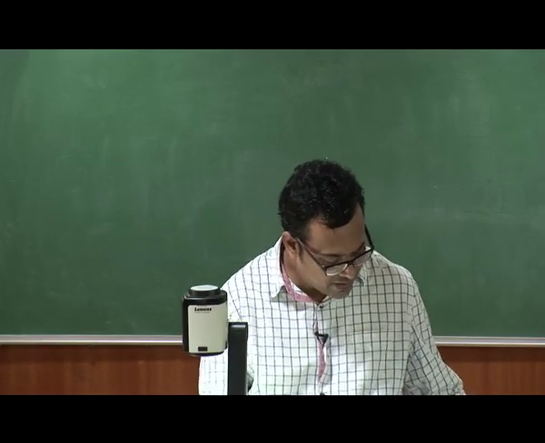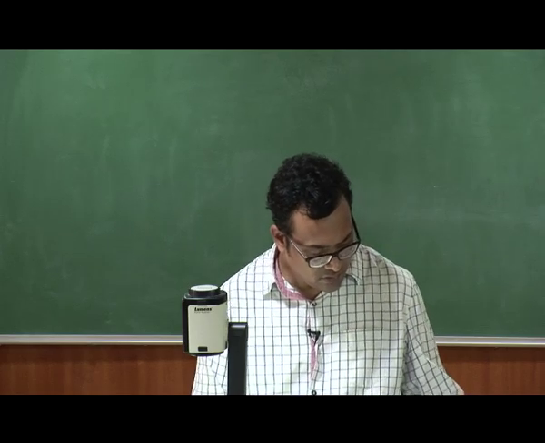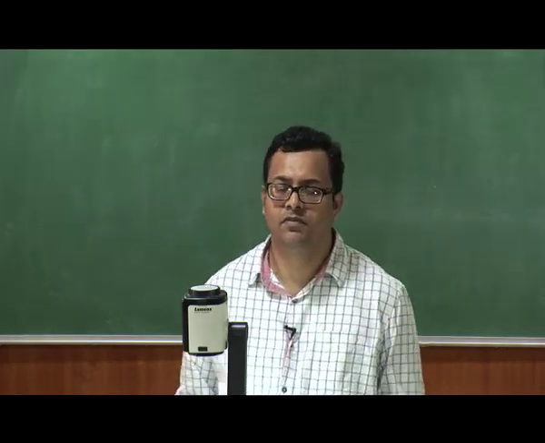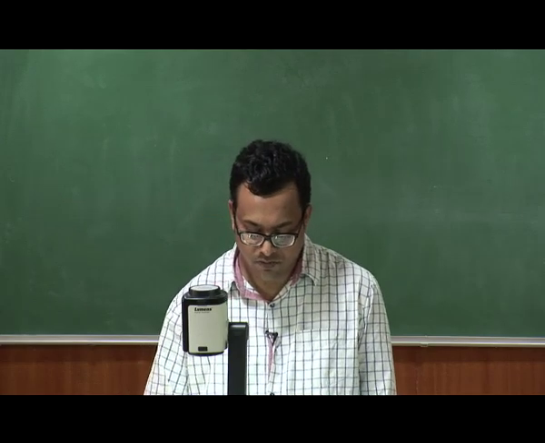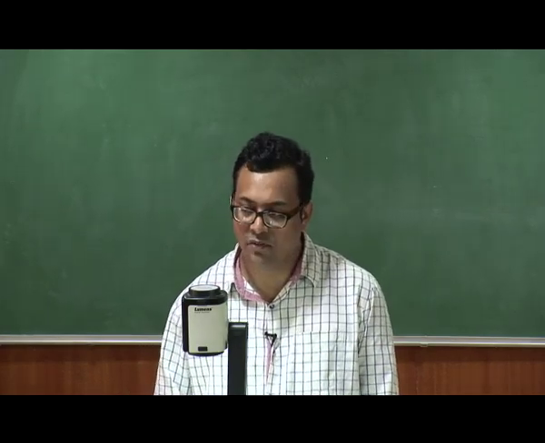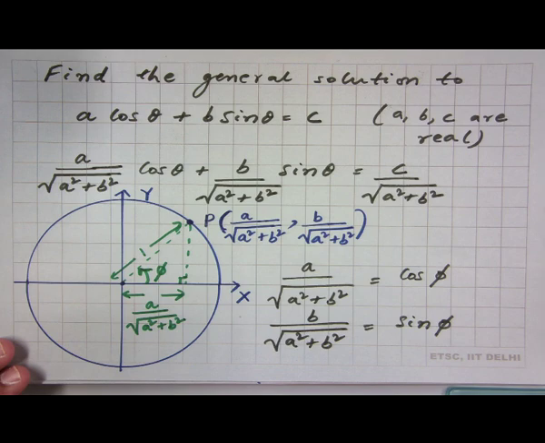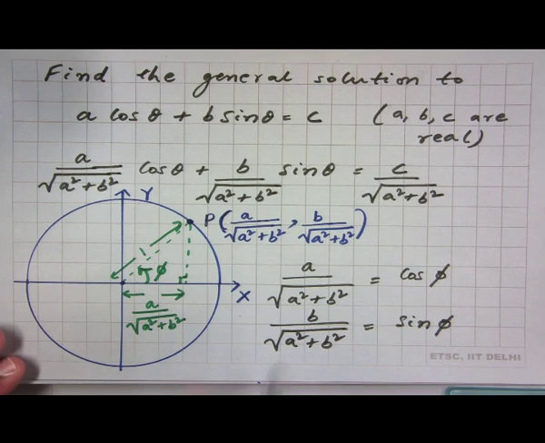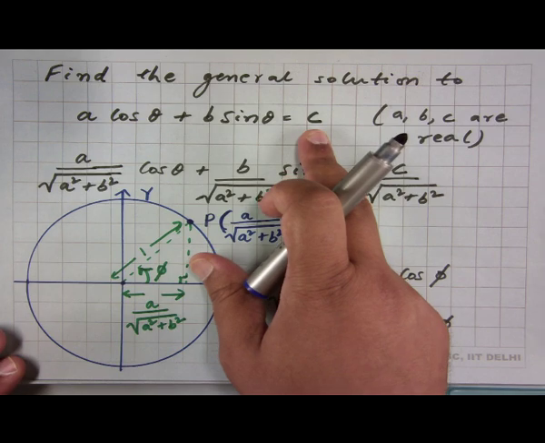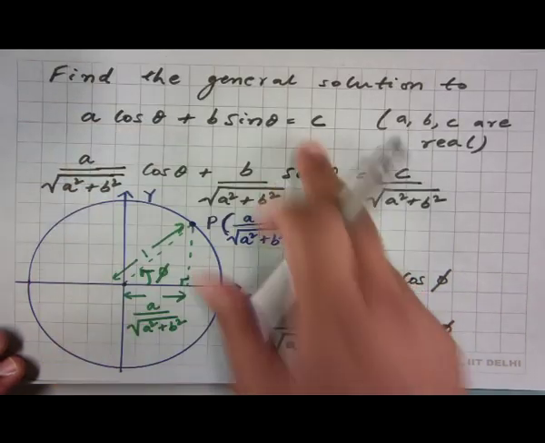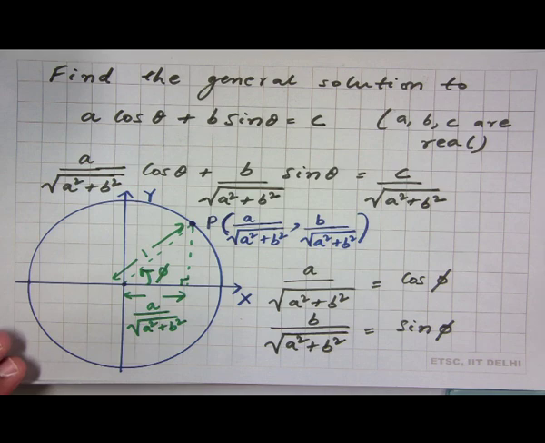Now, in the remaining lecture we will try to find the general solution to some trigonometric equations which you might encounter. So, this is a very commonly seen trigonometric equation that you will come across.